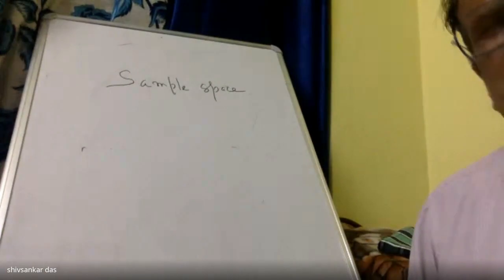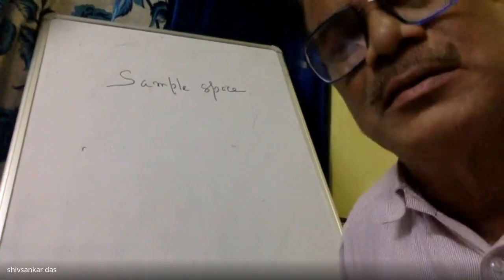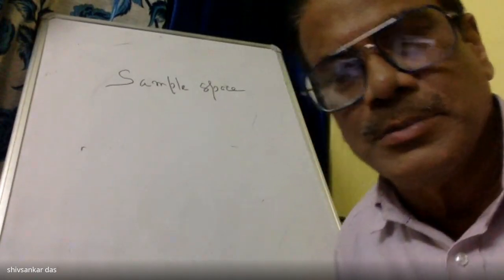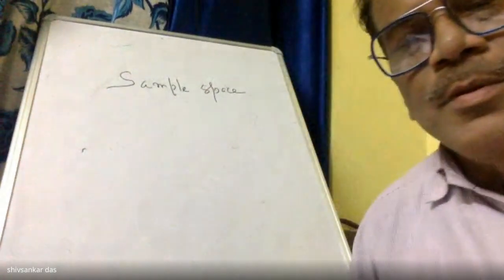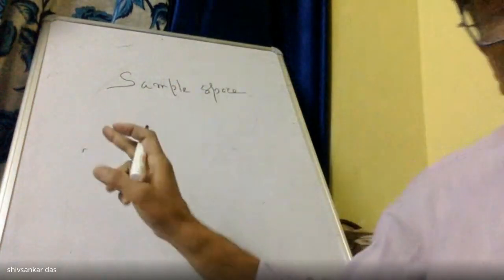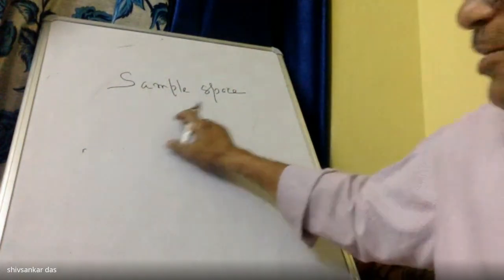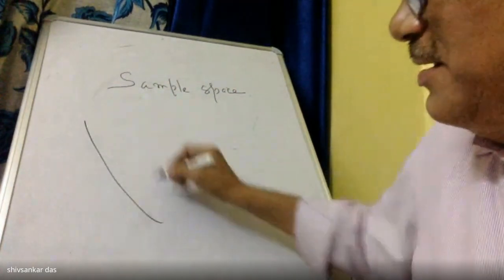Sample space means all exhaustive results are placed in an area, and that is called the sample space.